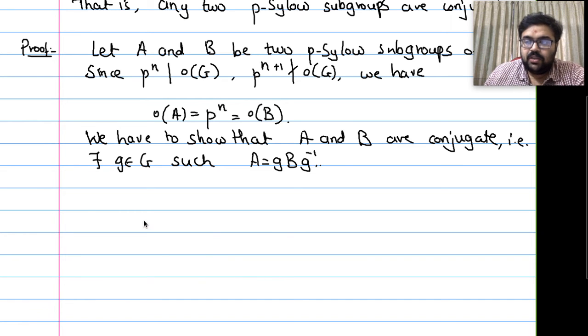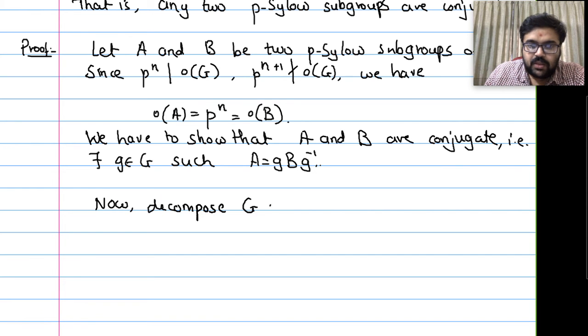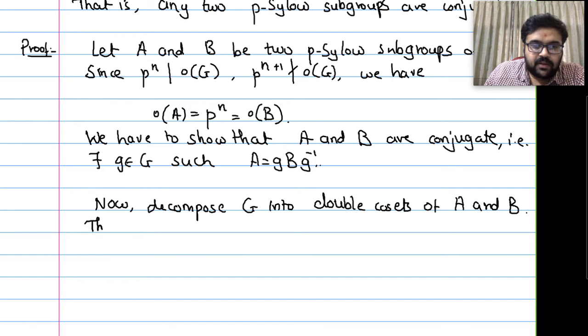The equivalence classes partition G into all these cosets. So now decompose G into double cosets of A and B. Then we can write G as a disjoint union of these equivalence classes. Once the classes are there, the union is G, and the intersection is empty: either two classes are the same or they are disjoint.